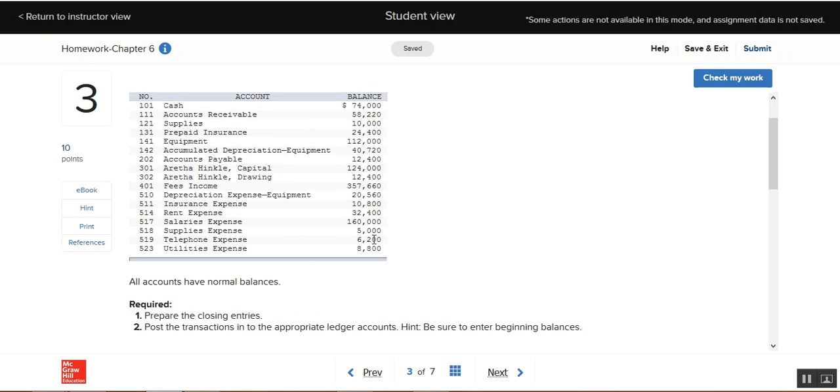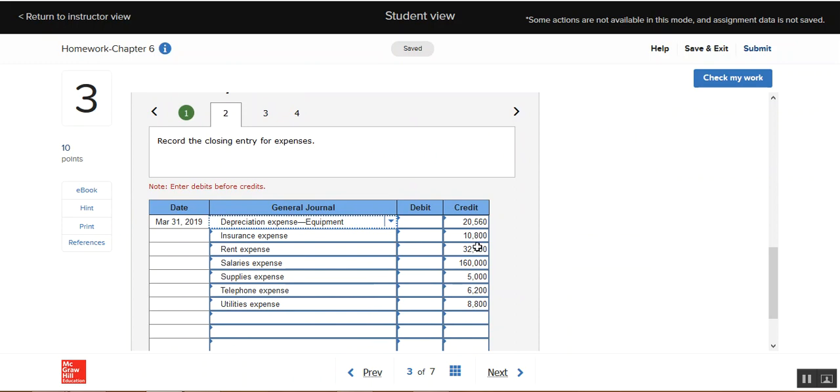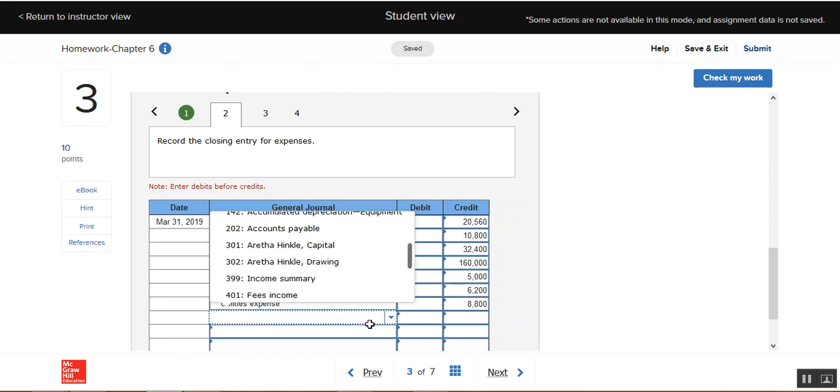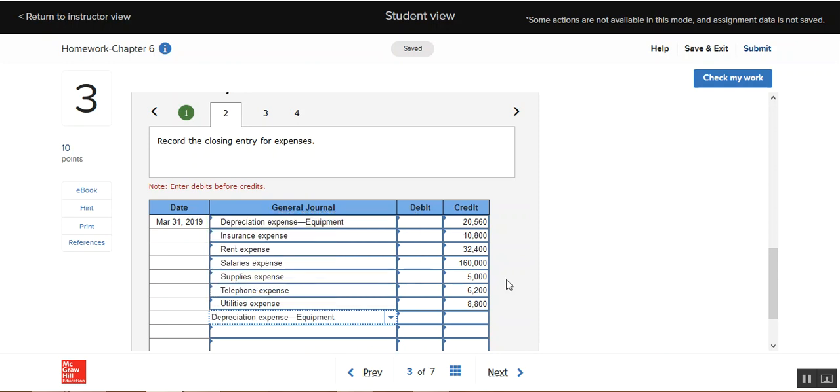These are debit balances, so to get rid of them, we're going to credit each one of these. For some reason, it didn't keep my skip line, so because we have to put debits first, I need to put a debit at the top, so that's why I'm doing this. I'm going to move depreciation expense down. So I'm taking that $20,560 and moving it to the bottom so I can clear up a space at the top.